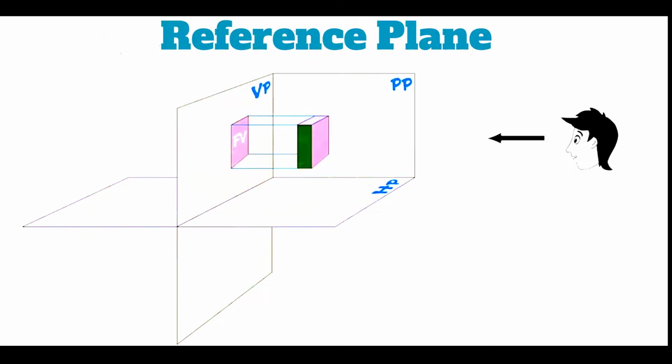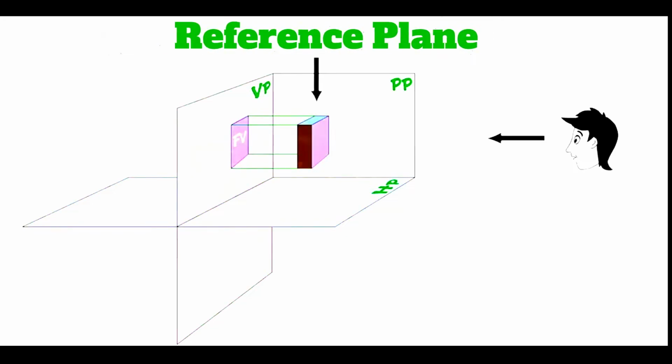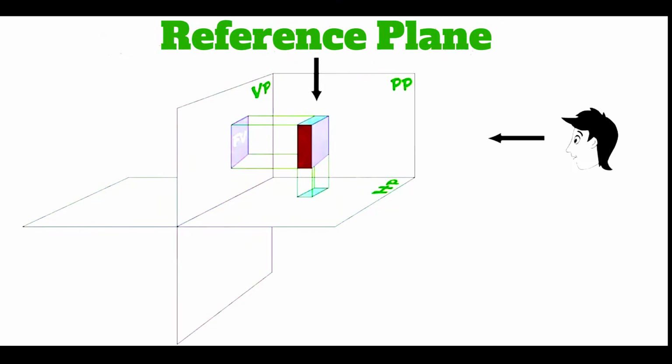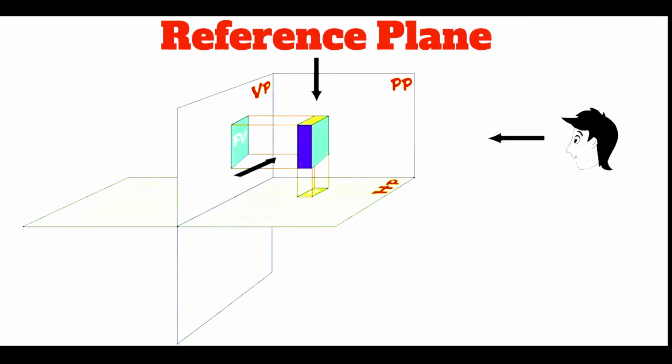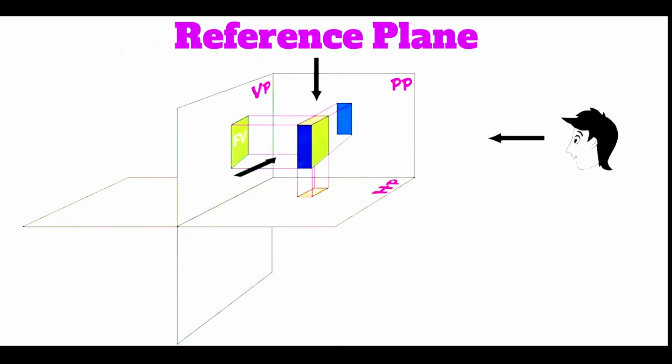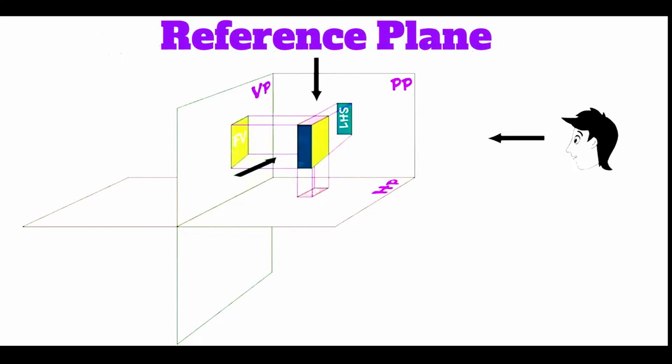Similarly, when the observer sees from the top, its image is projected on HP and the image is known as top view, TV. And when seen from the left hand side, the image projected on the profile plane is known as left hand side view, LHS.